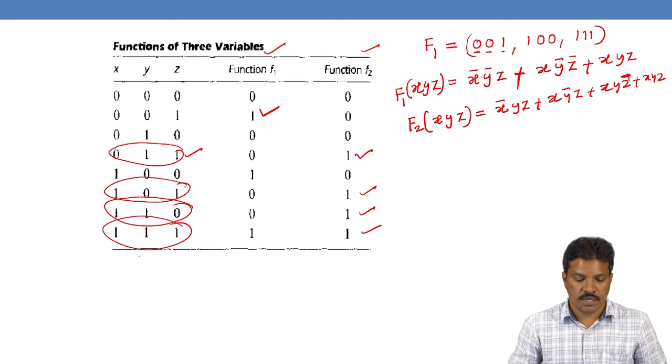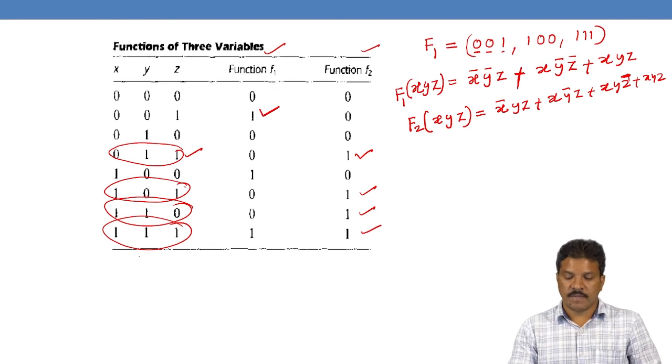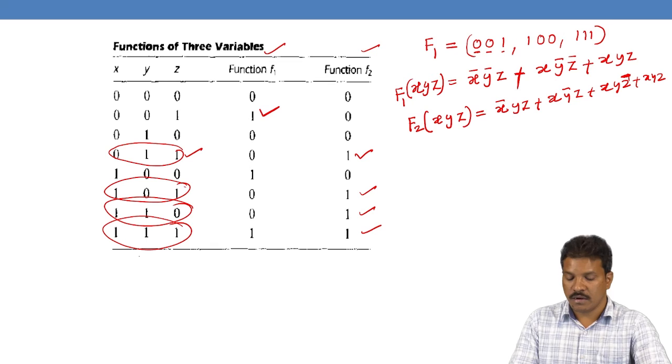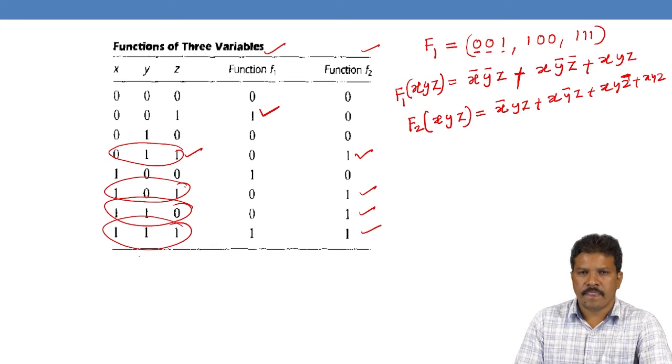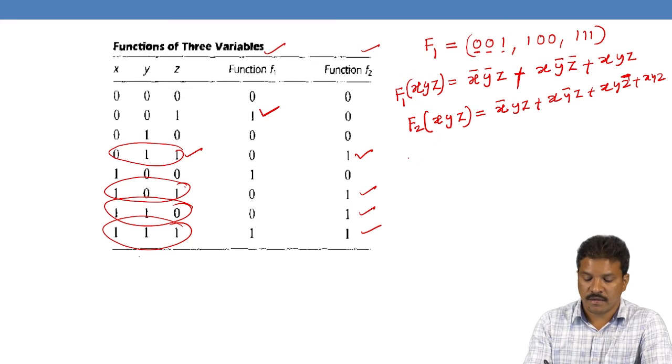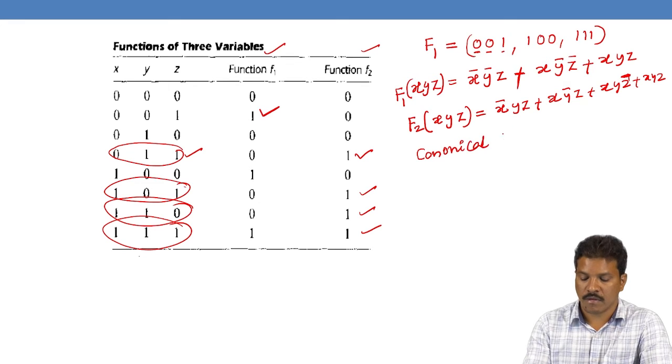So this is the Boolean function represented in minterms and maxterms. This representation is called canonical form.